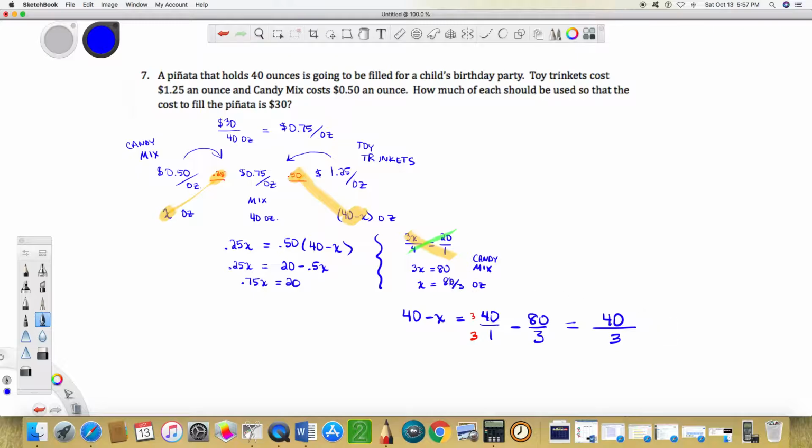So I've got 80 over 3 ounces of candy mix, 40 over 3 ounces of the toy trinkets. And if I add them up, the 80 plus the 40 would be 120, and 120 divided by 3 would be 40 ounces. So everything seems pretty reasonable to me.